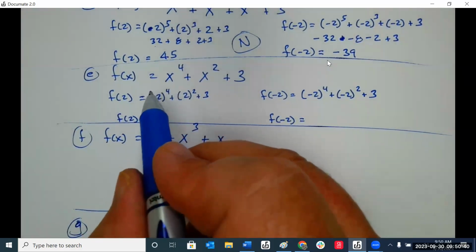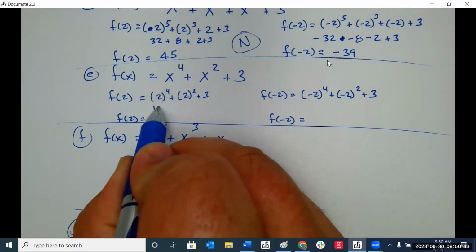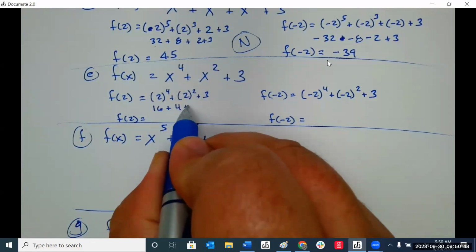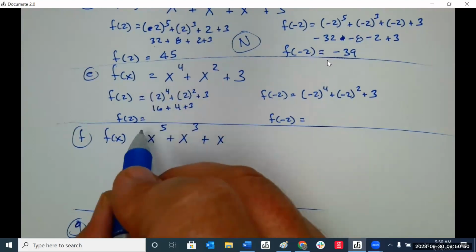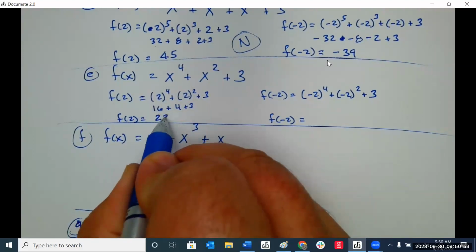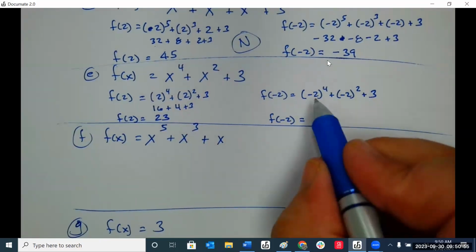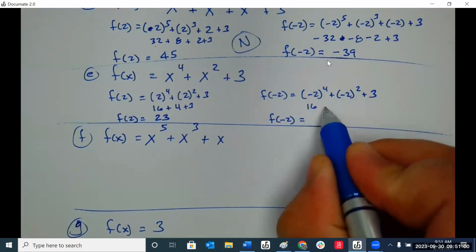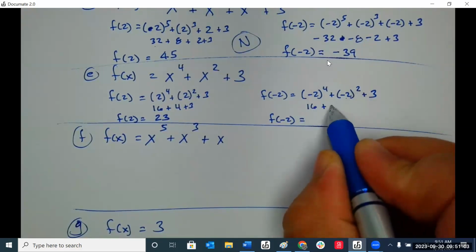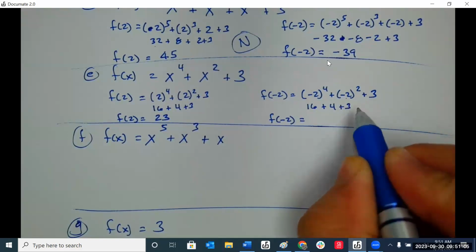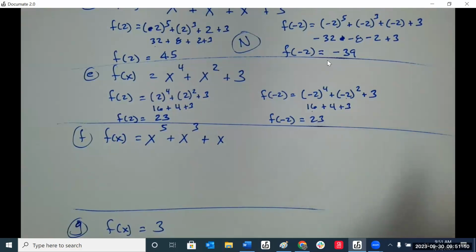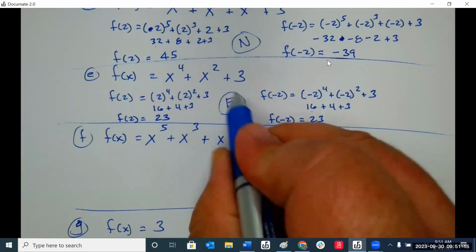What's 2 to the fourth? 2 squared. 16 plus 4, plus 3. Negative 2 to the fourth. Positive 16, good. Negative 2 squared. 16 plus 4, plus 3. So what is that one? Even. Very good.